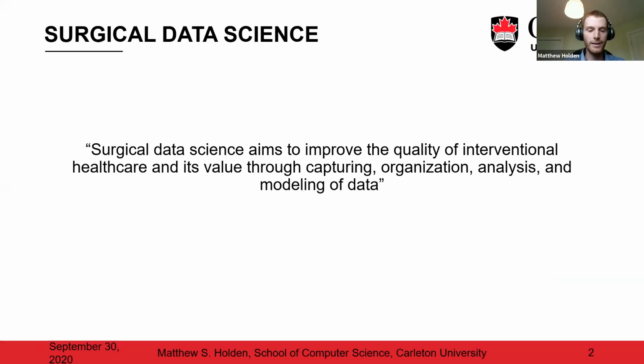And I've pasted here the community definition of what surgical data science is. It aims to improve the quality of interventional healthcare and its value through capturing, organization, analysis, and modeling of data. And so two things that I really want to point out here. The first is that surgical data science is not just about surgery.